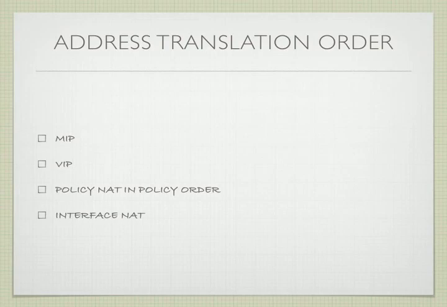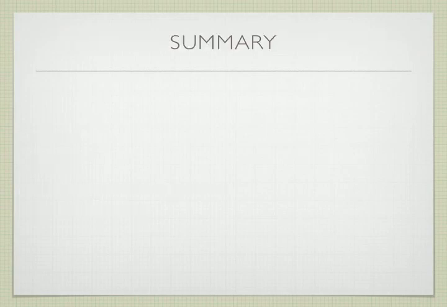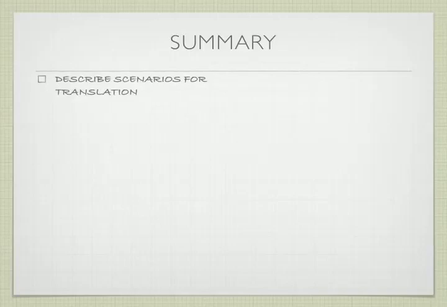Interface-based NAT only works in the specified scenarios we talked about earlier, and it will be the last type of NAT applied, only if none of the other NAT is configured.